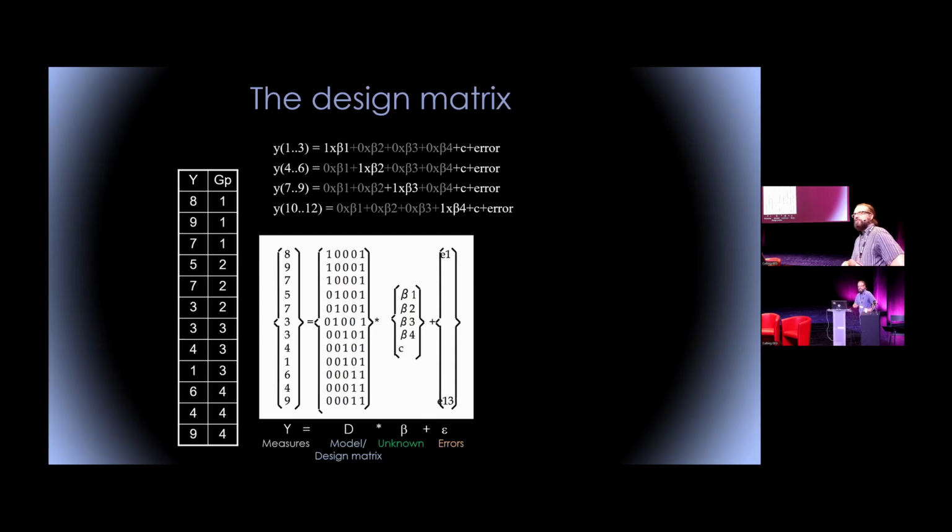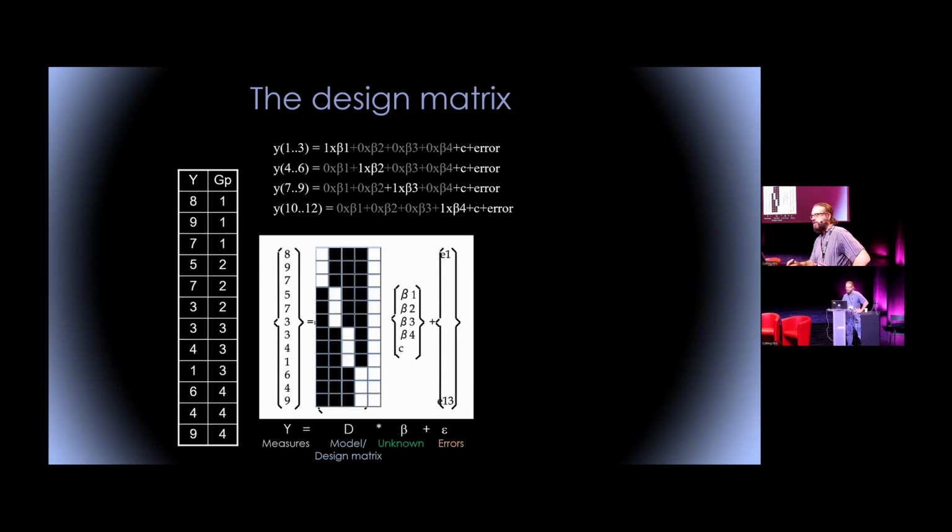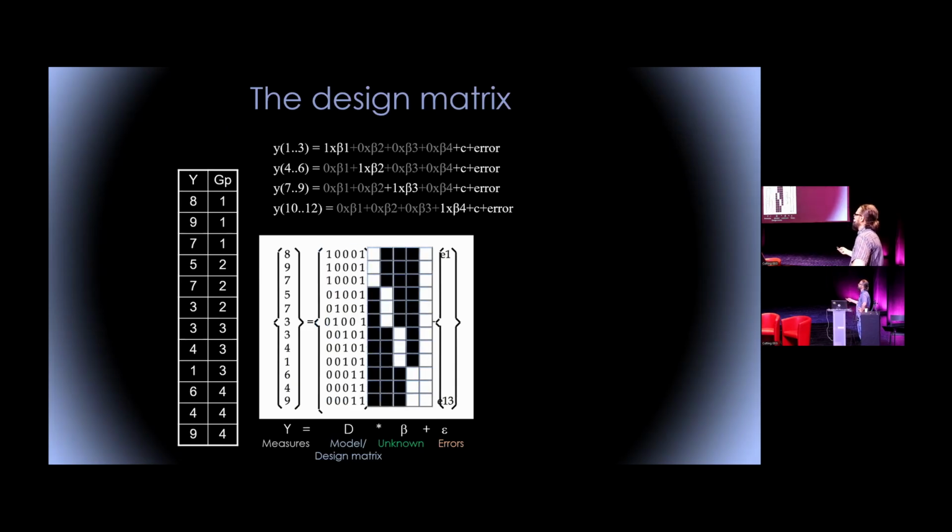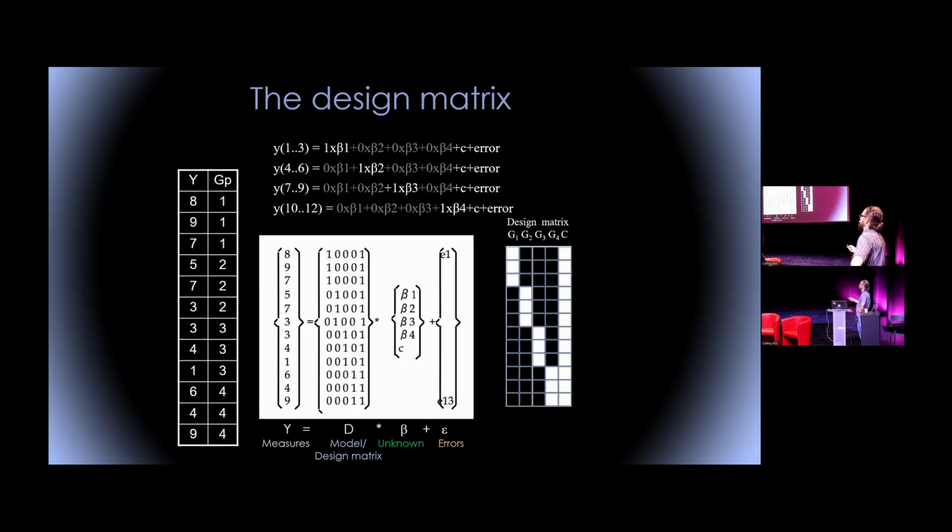And then what you will see in a lot of papers is that this matrix of 1s and 0s is not represented with 1s and 0s. It's represented like this, with white cells and black cells. White means 1, and when you have 0, it means black. And this is the design matrix of your data.